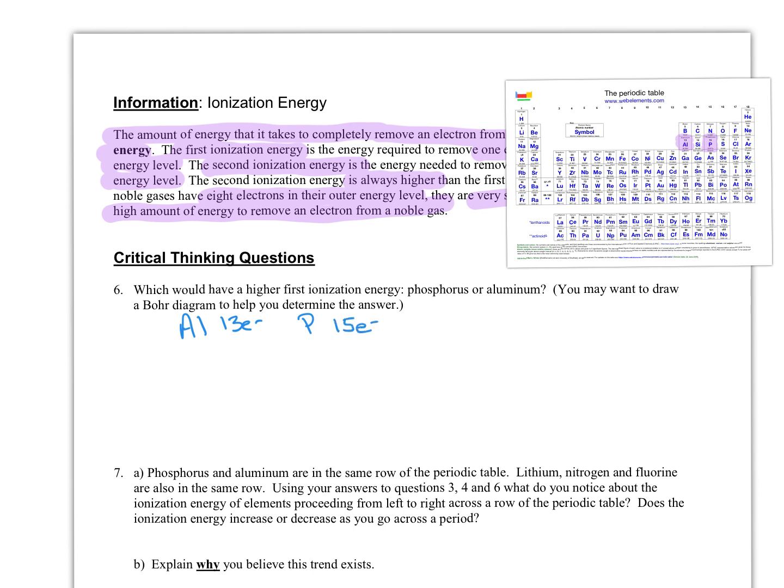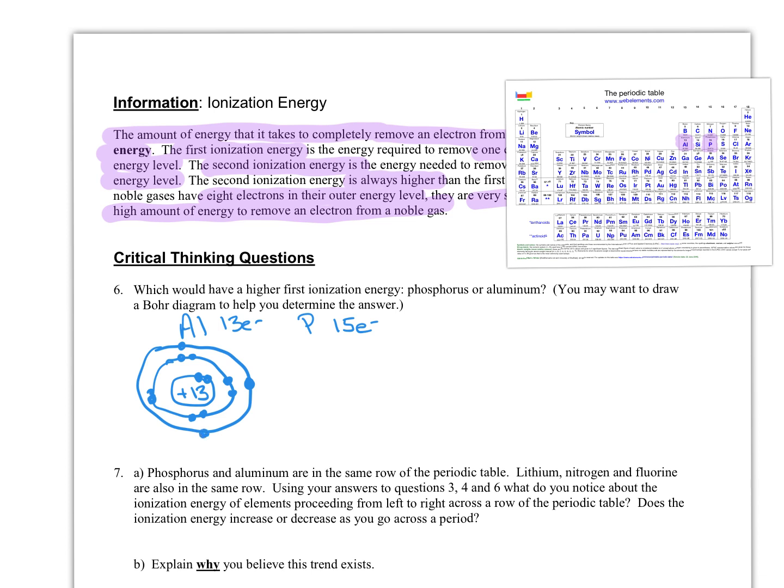So we can draw the Bohr model if you need to. We've got plus 13 in the middle. You've got 2 in the first energy level. Then we're going to have 8 in our next one for a total of 10. And then our last energy level would have 3.